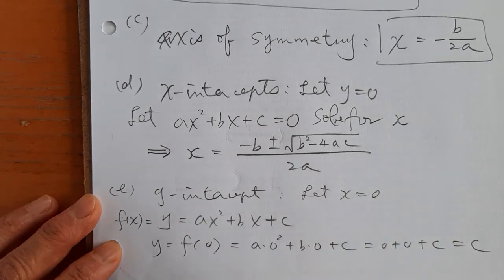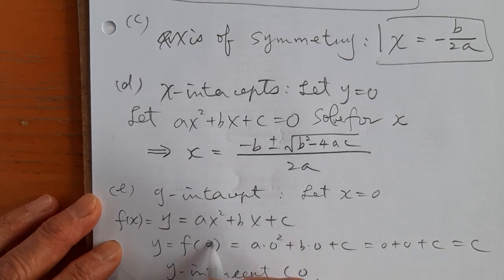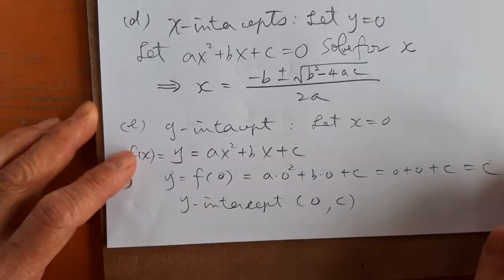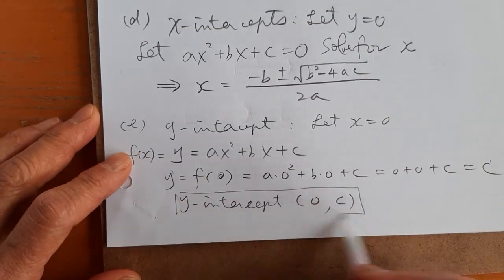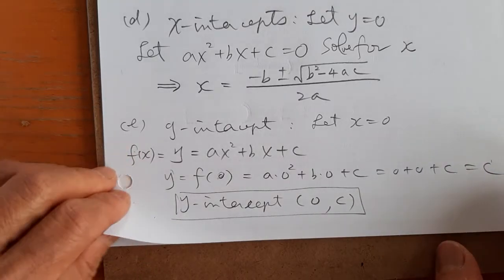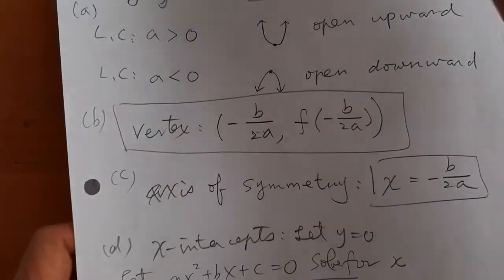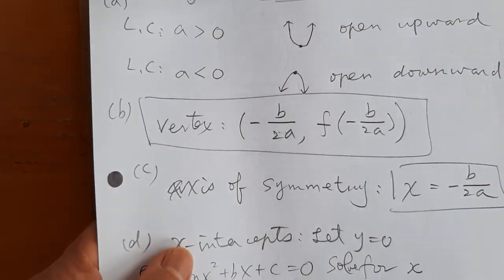So the y-intercept is the point where the x-coordinate is 0 and the y-coordinate is c. That's the y-intercept. And then we draw the graph and label everything above that you got.